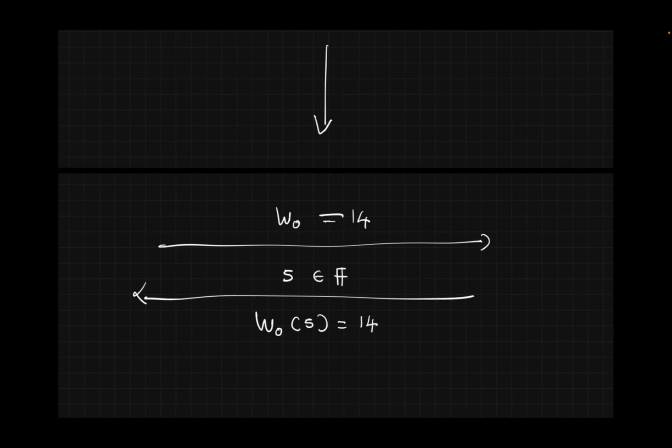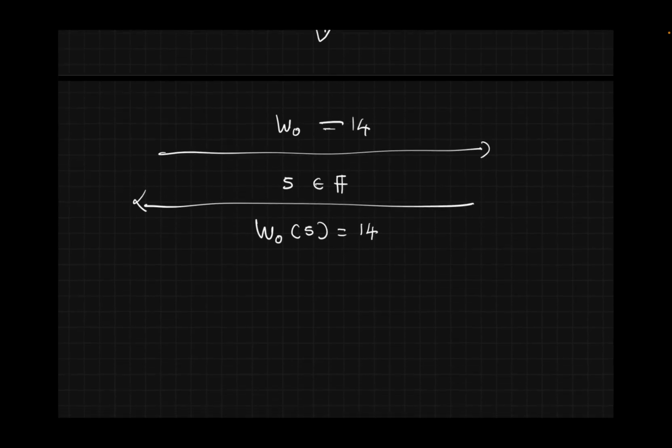So that means this 14 is serving as our claimed sum. So there is another way to write the evaluation of W0 based on the sum. Make sense? So 14 is actually equal to the sum of F.